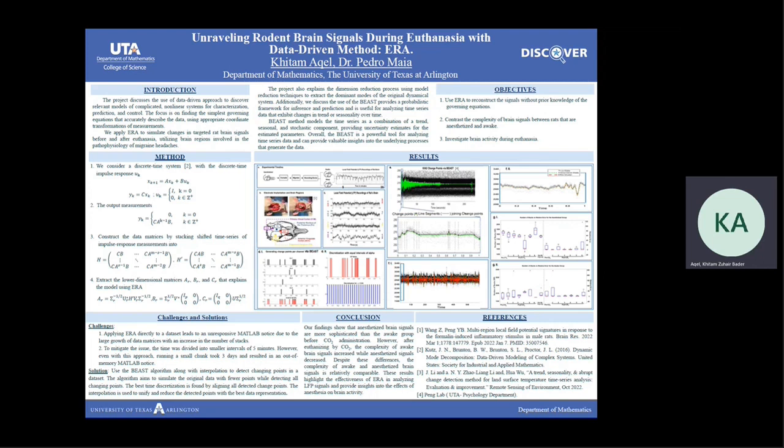In contrast, the opposite happens when the rats are euthanized by CO2. However, compared with the anesthetized brain signals, the complexity is relatively comparable. Moreover, the ERA method approximation provides a very good reconstruction by comparing the relative error values in both groups.